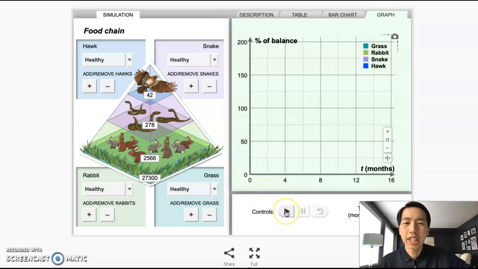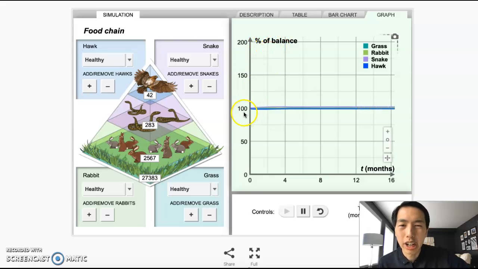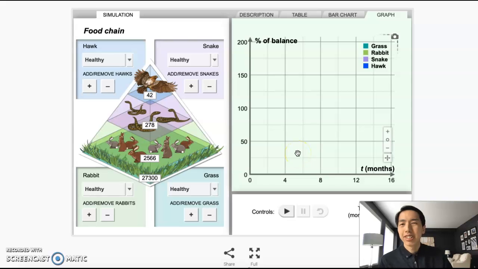So if I push play here, the graph of all four species is shown, and you'll see that they're fairly balanced. They stay around the same level. This axis is labeled percent of balance, and right now it's showing 100% for all of them. So that means it's just being balanced. That's because I just started out with the ideal conditions.